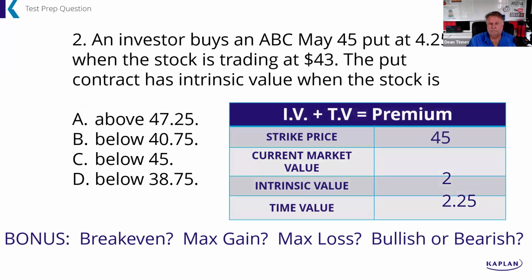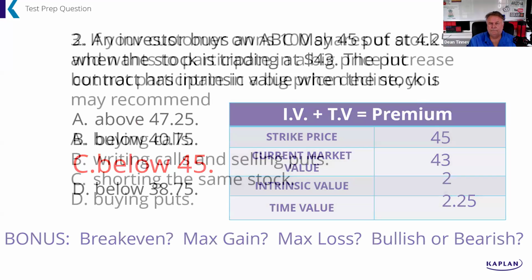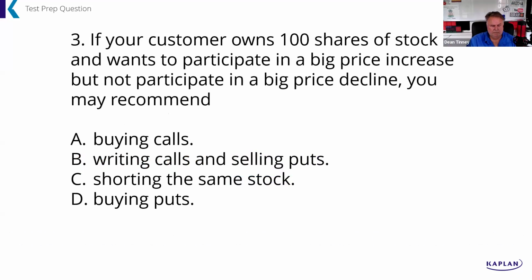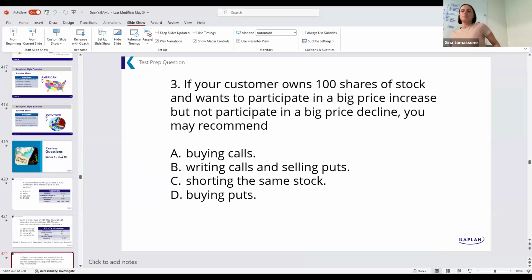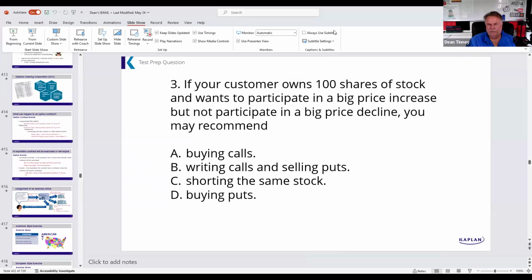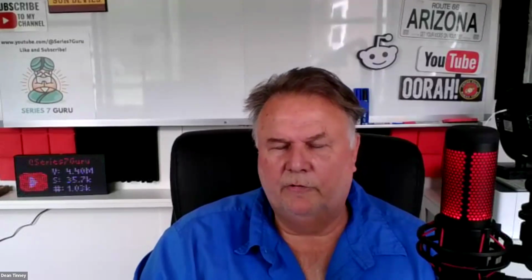Okay. Let's see if we got another one here for you to try. Let's try our next one. All right, so back to our situation here. If you have a stock position, what you're interested in doing is the offset, right?